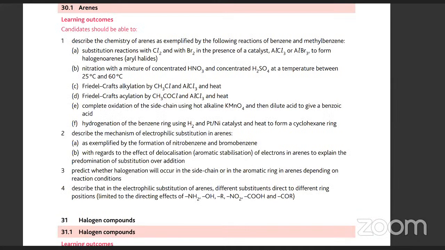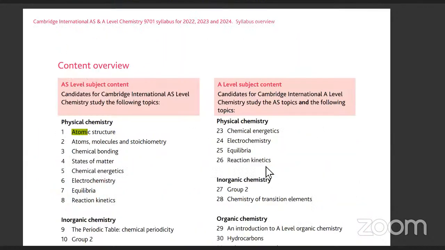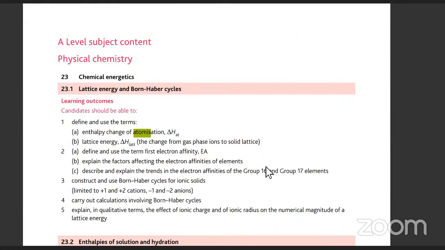It's not in there, but it comes up in a lot of past paper questions. I can double check this one. Yep, it's 23. The enthalpy change of atomization is in A levels now. Is that clear? So it's officially no longer part of your syllabus for AS. Okay, sir.